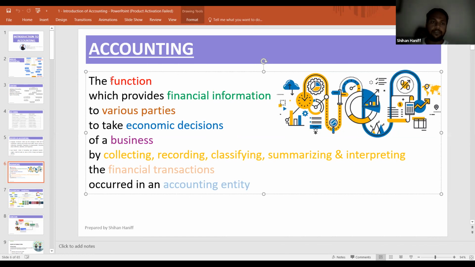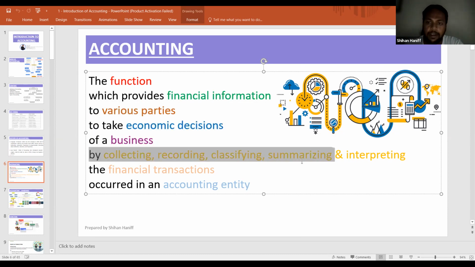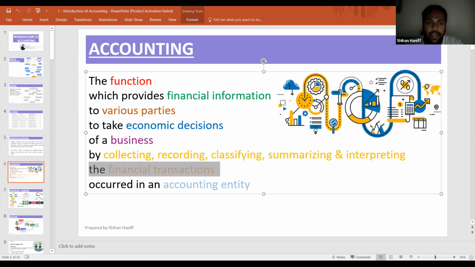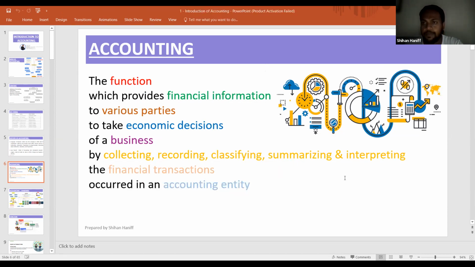It's a function which provides financial information to various parties, to stakeholders, to take economic decisions of a business by collecting, recording, classifying, summarizing, and interpreting the financial transactions occurred in an accounting entity.